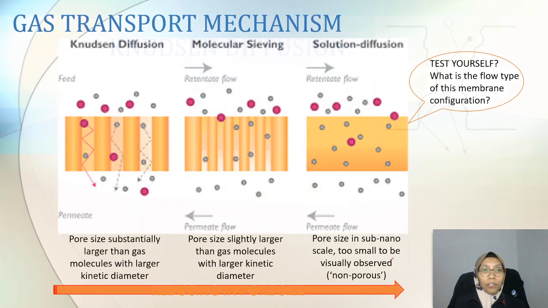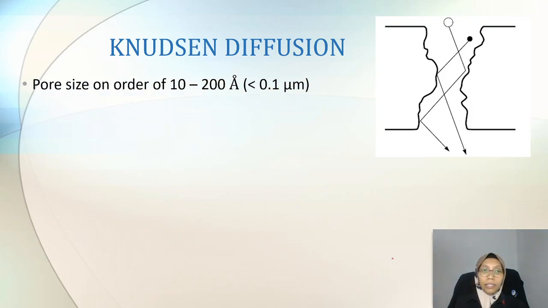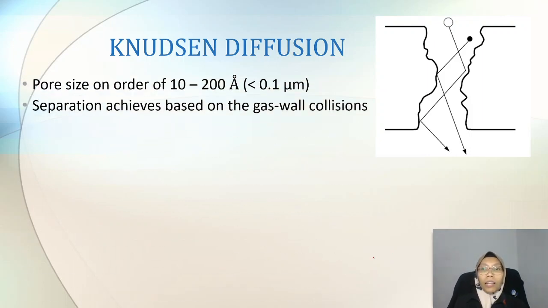So first we are going to understand more about Knudsen diffusion, where your pore size is substantially bigger than your gas molecule size. The pore size of the membrane is between 10 to 200 angstrom, or below 0.1 micrometer.